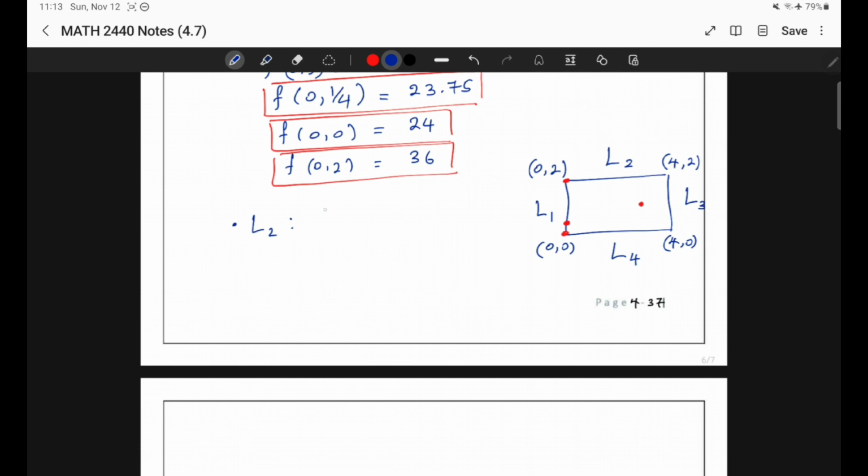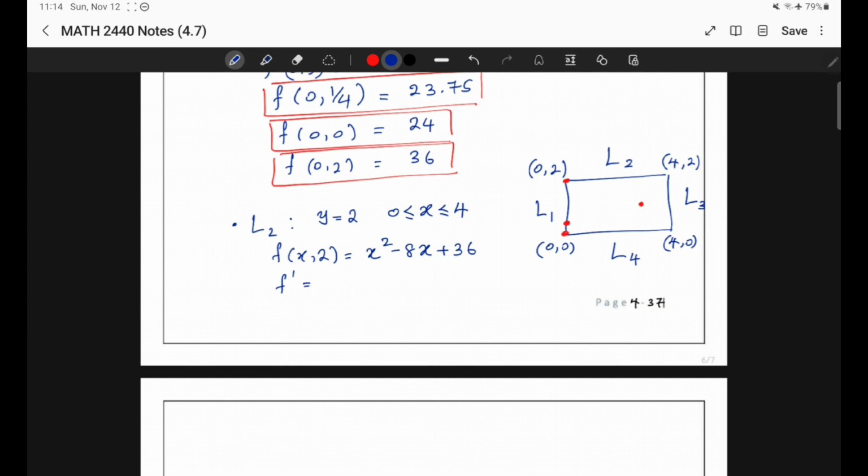The special thing here is now the y value is 2, x is in between 0 and 4. Now plug this into the function. So f(x, 2) is, you plug and you simplify, you should get x squared minus 8x plus 36.